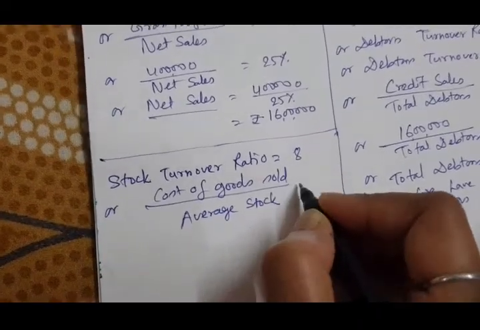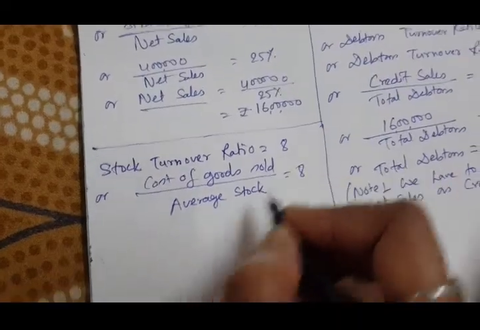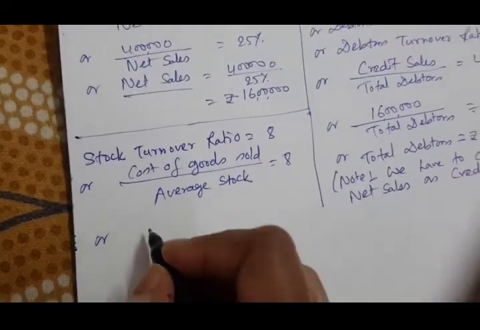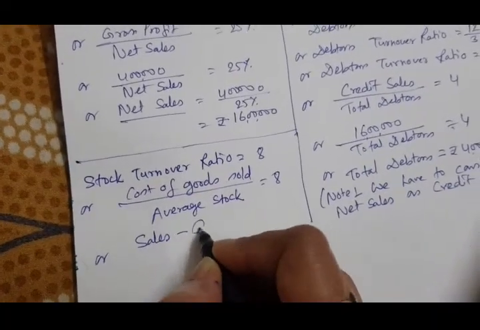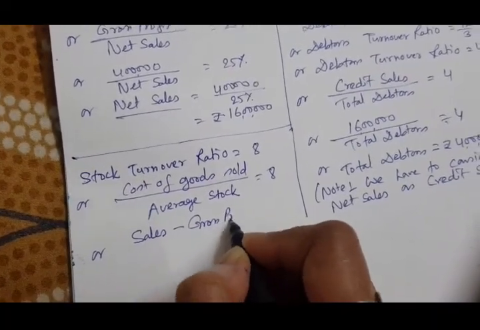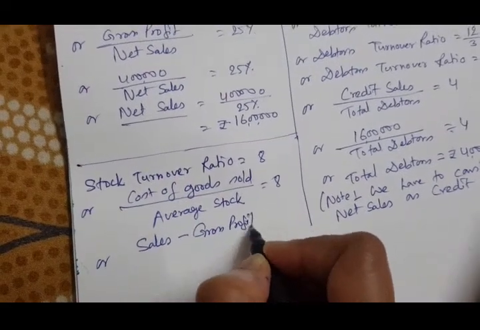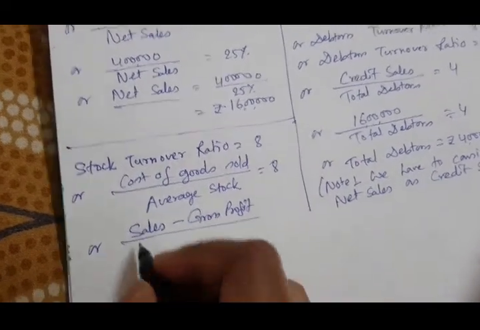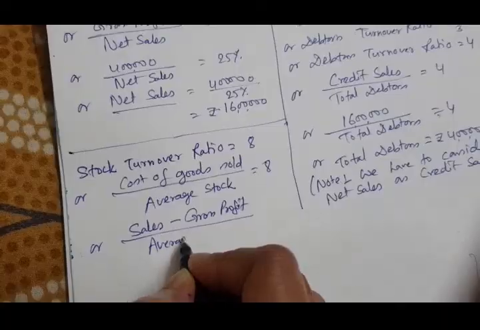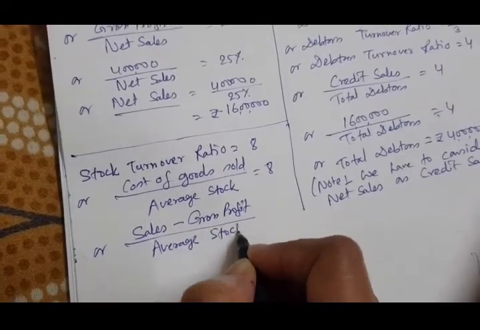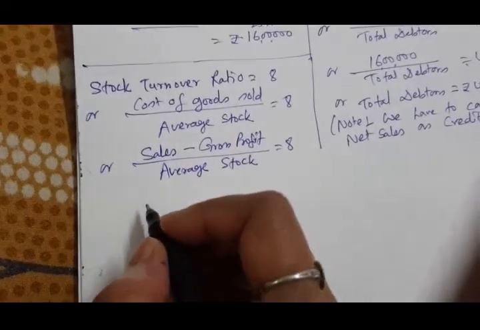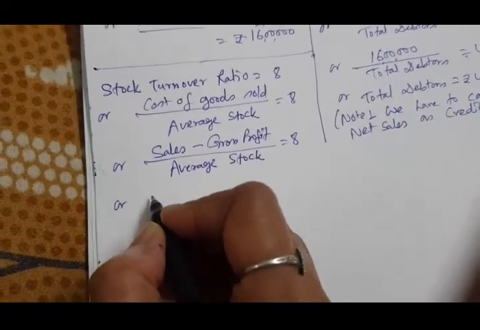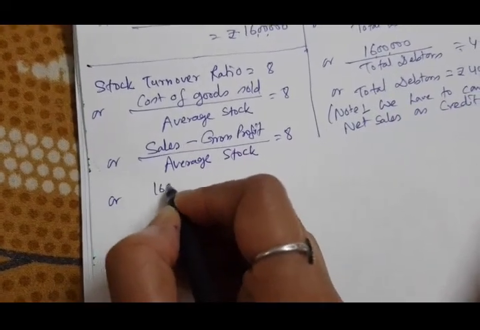I discussed this with you in my earlier video. Now the formula for cost of goods sold is sales minus gross profit. Sales minus gross profit divided by average stock equals 8. Sales here is 16 lakh.